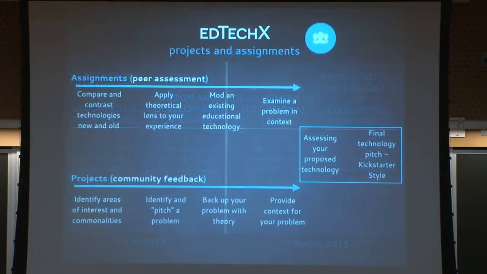The way that we develop those projects is there are parallel tracks of assignments. Some assignments come early on that are much more structured in the way that they're graded or evaluated. There's peer assessment that goes on, so you have some sort of assignment. You post that assignment. You have peers that evaluate that assignment and get it back to you. That's for the first few weeks in the course.